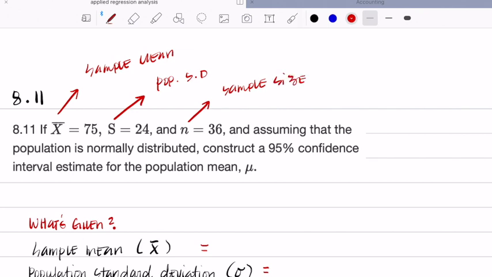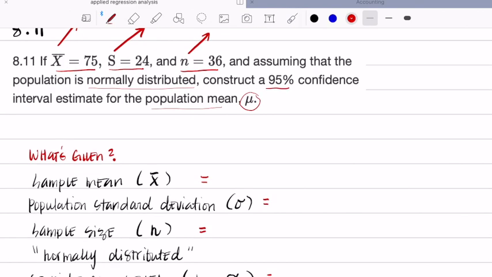Now moving on to the problem, if the sample mean equals 75 and the population standard deviation is 24 and the sample size equals 36, and assuming that the population is normally distributed, construct a 95% confidence interval estimate for the population mean, and the symbol for the population mean is mu.